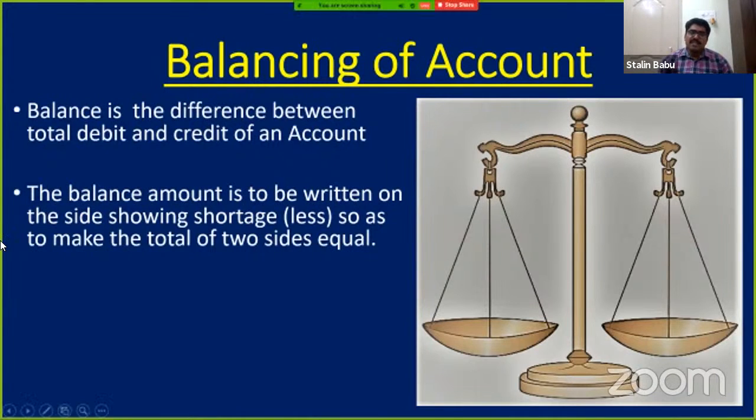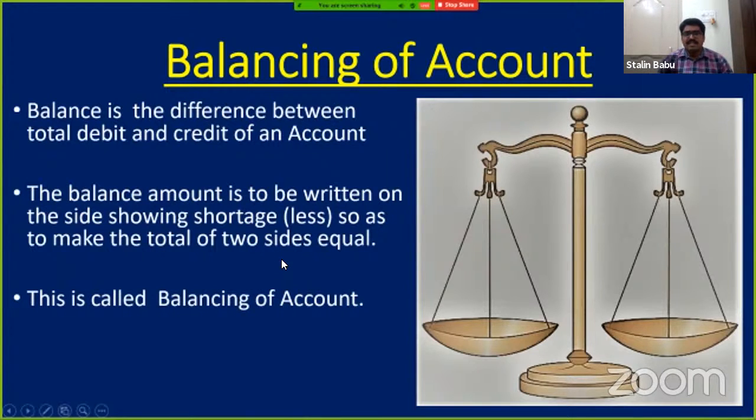So the balance amount is to be written on the side showing shortage, that is the lesser side, so as to make the totals of the two sides equal. This is called balancing of account.